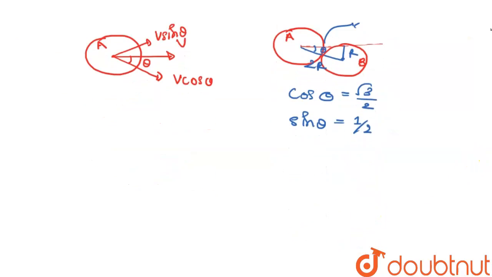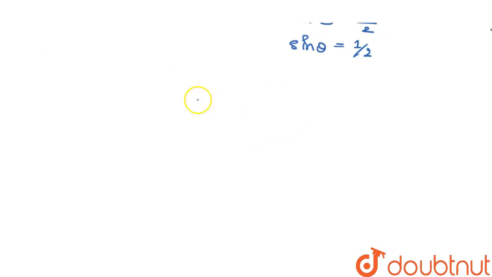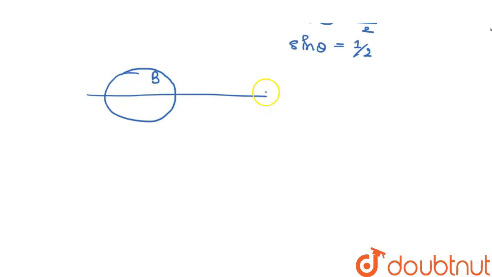Right, so let's now observe this sphere, that is B. This is sphere B and this is the x-axis.